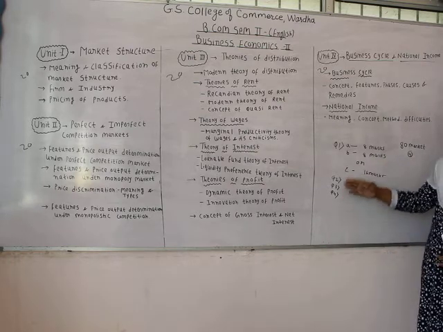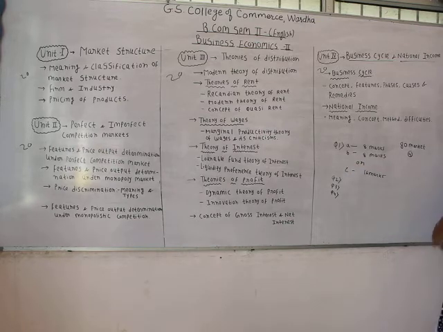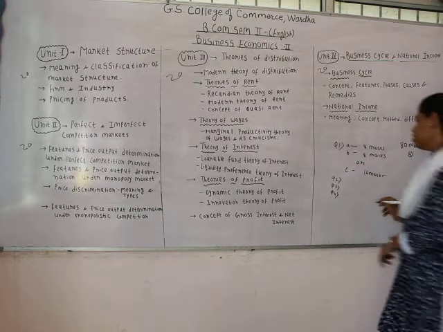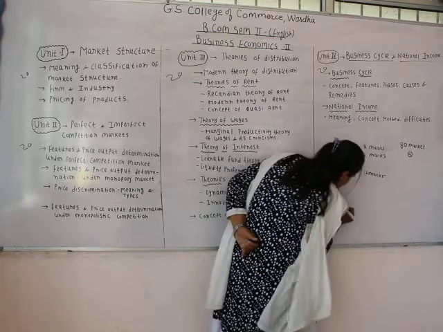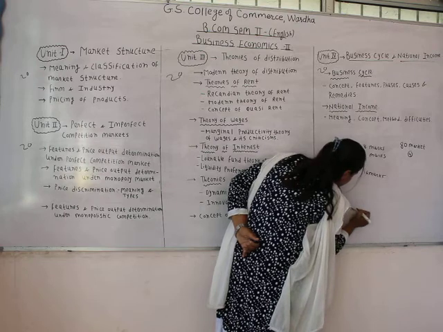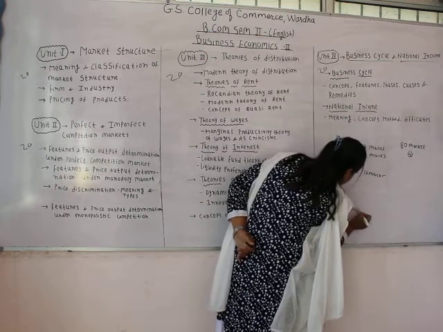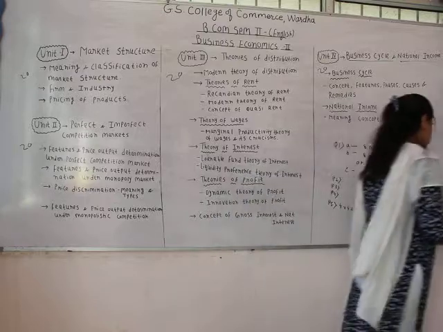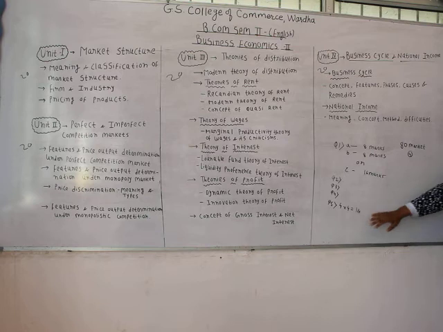So 4 questions, question number 1, 2, 3 and 4, would be asked in the same way, and then you would have question number 5, where you would be asked 4 questions of 4 marks, so it would be 16 marks. These questions are going to be compulsory for you, and would be based on different concepts.